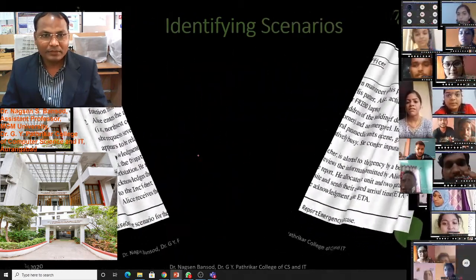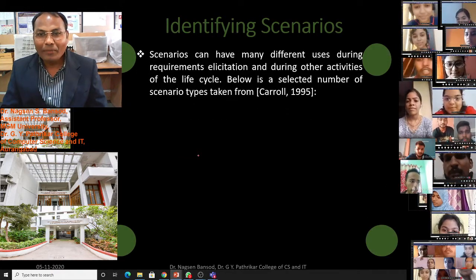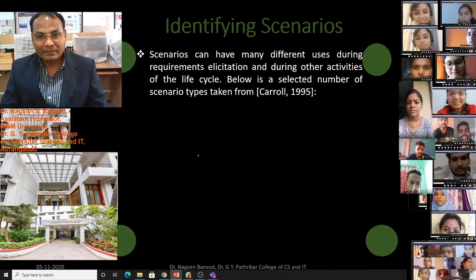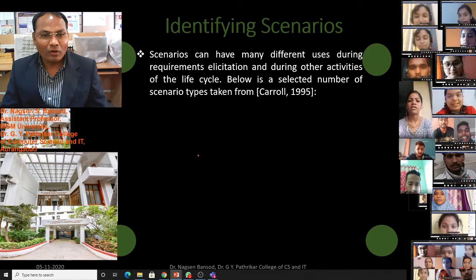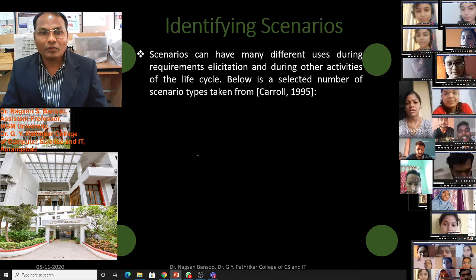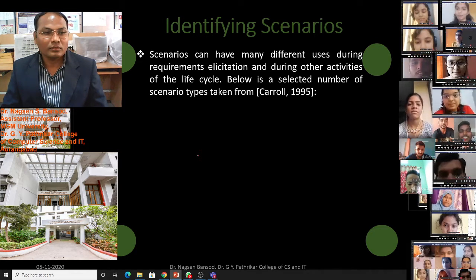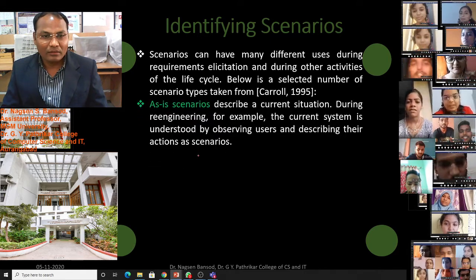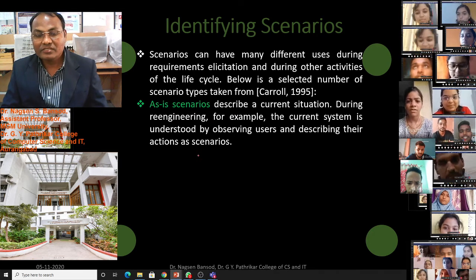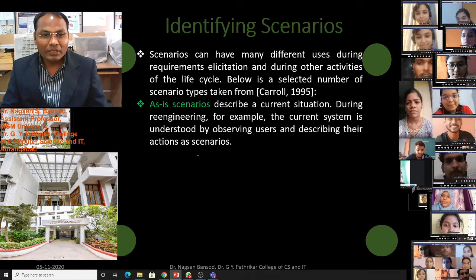Okay, then. Scenarios can have many different uses during requirement elicitation and during the other activities of the life cycle. Below is a selected number of scenario types taken from Carroll's book, written in 1995. As-is scenarios describe a current situation during re-engineering.